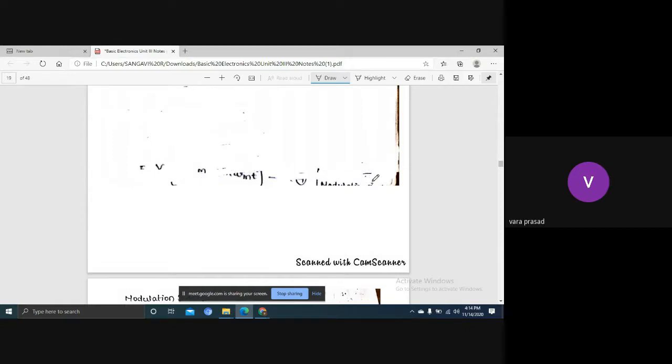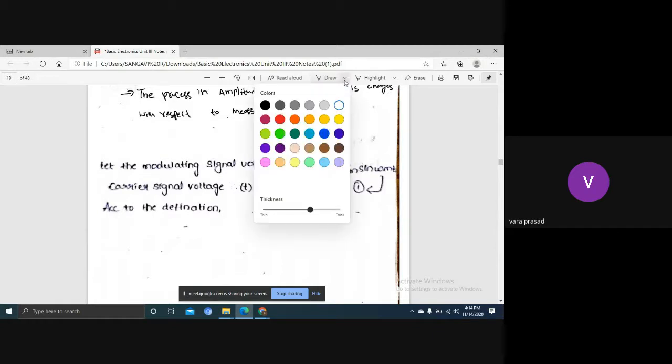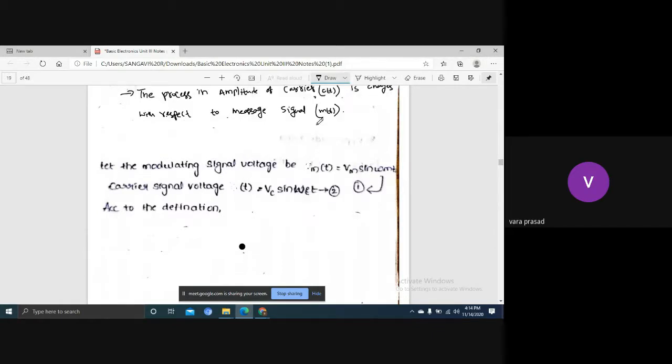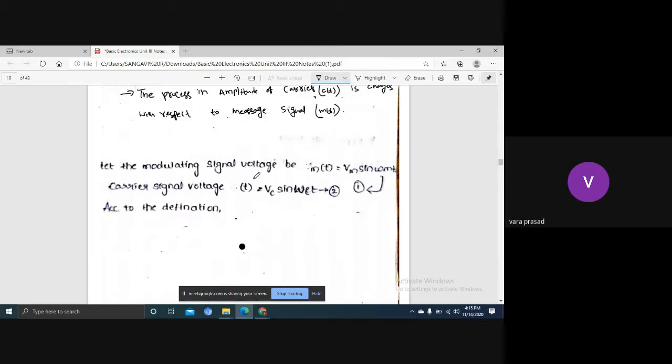They can ask a question: explain about amplitude modulation. You have to write it. See here, here it is c of t. c of t is equal to Vc sine omega c t.